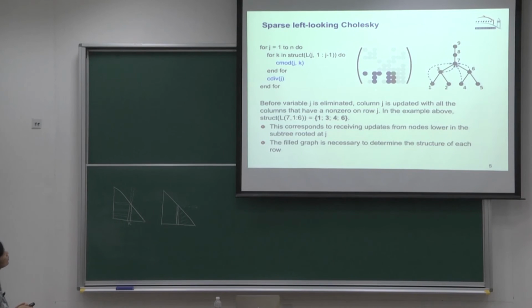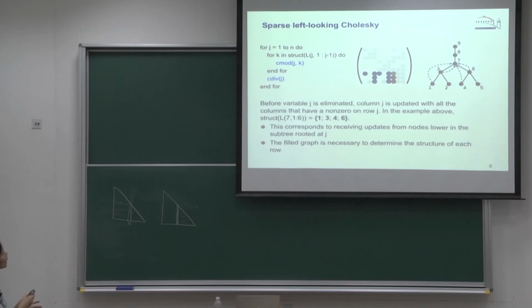So what it does is, from column j to n in the outer loop, for each k in the structure of the jth row, all these non-zero indices k, I will do a column update from the kth column into the jth column. And then after that, I do a column scaling.